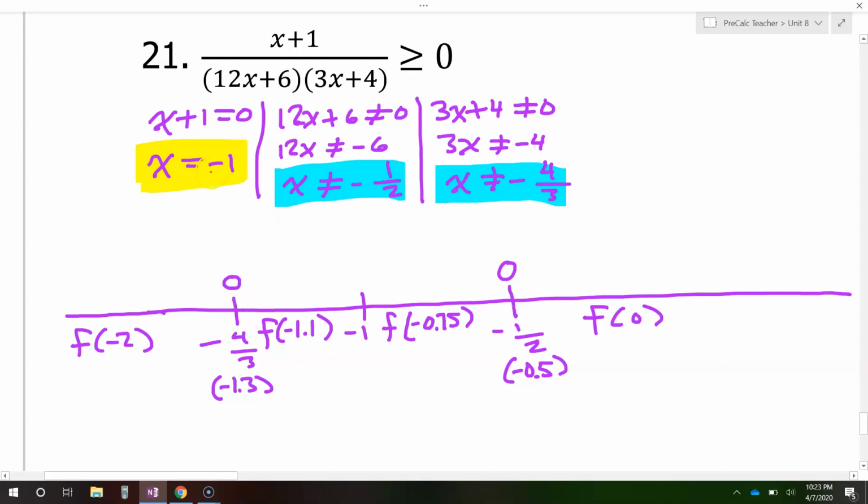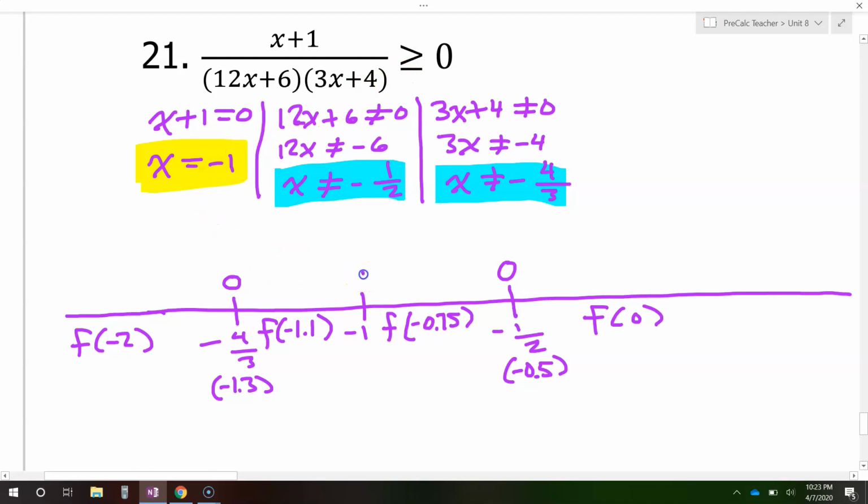The other one, the one that x can equal, will either be an open circle or a closed circle depending on this. Because we want the function to be greater than or equal to 0, negative 1 makes the function equal to 0. So that's okay.